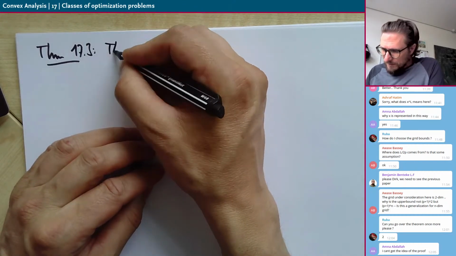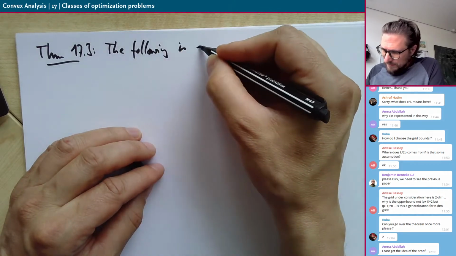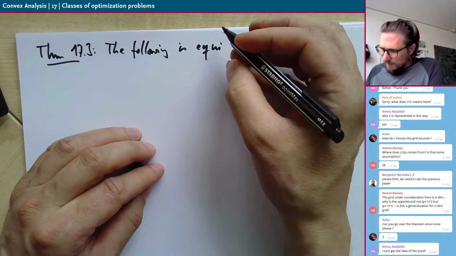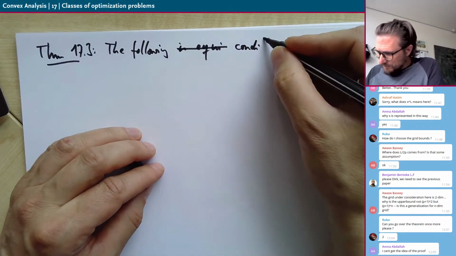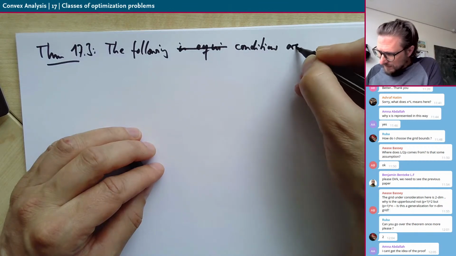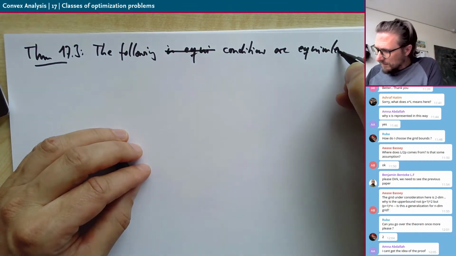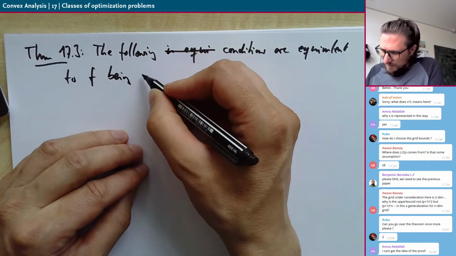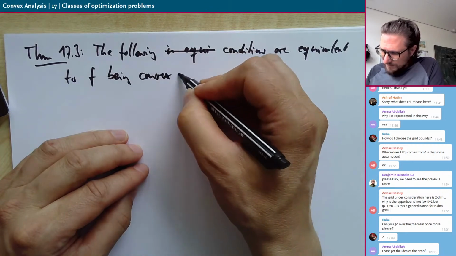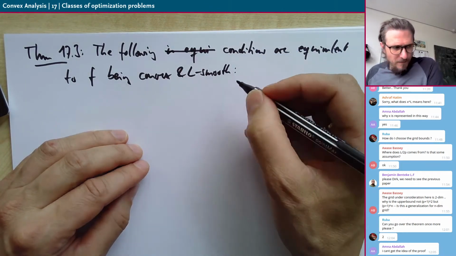The following conditions are equivalent to f being convex and L-smooth.